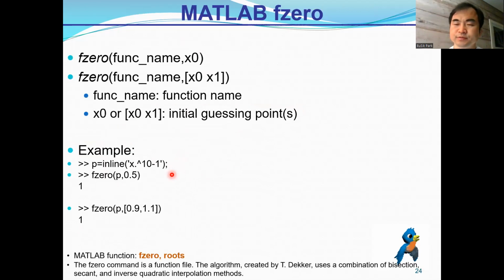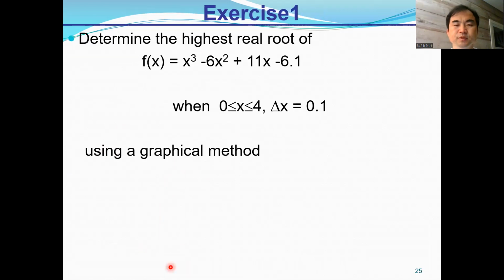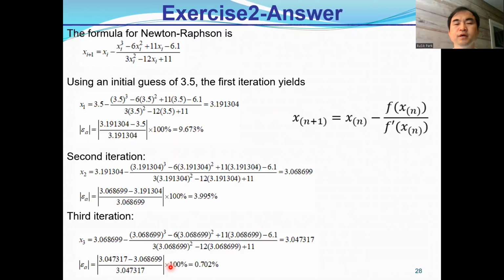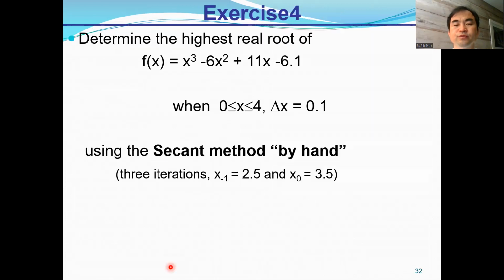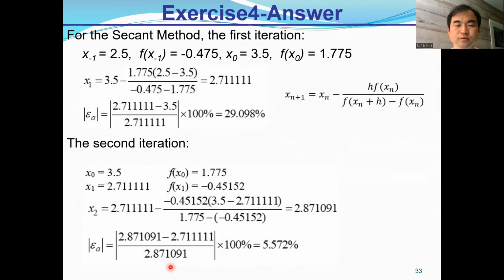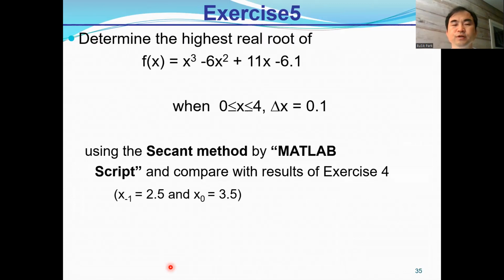And then MATLAB supports two functions: one is fzero, and another one is roots. These two functions can be used to find roots. So exercises 1, 2, 3, and 4, I believe you already did during the lecture time.